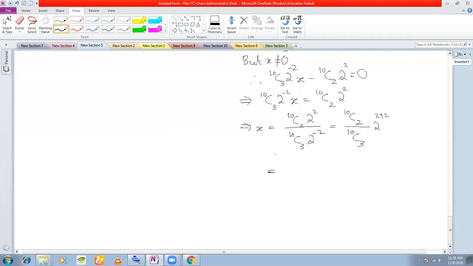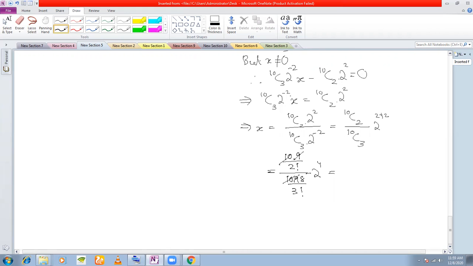Now if you find out the value of combination, 10 into 9 by factorial 2 divided by 10 into 9 into 8 divided by factorial 3 into 2 to the power of 4. So now 10 and 10 will cancel here, 9 and 9 will cancel here.